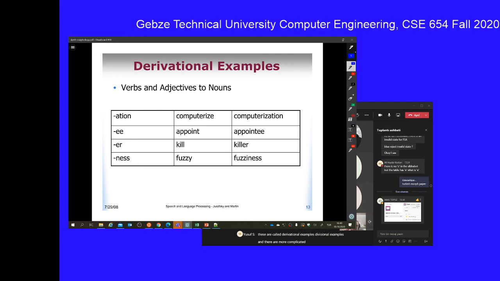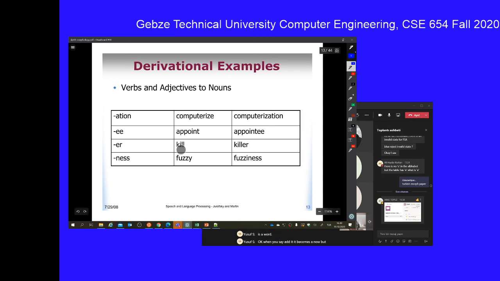And they are more complicated. The number of rules for these kinds of affixes is many, and there are many irregularities too. For example, kill is a verb. When you put er at the end, it becomes a noun, killer. Appoint is a word. When you add ee, it becomes a noun.